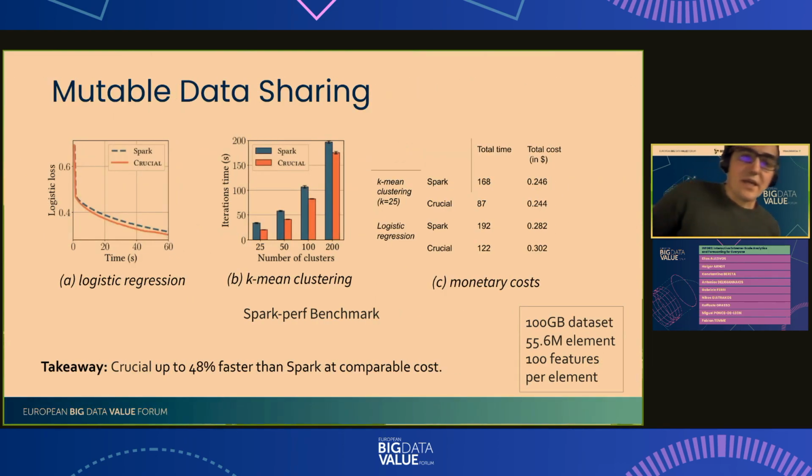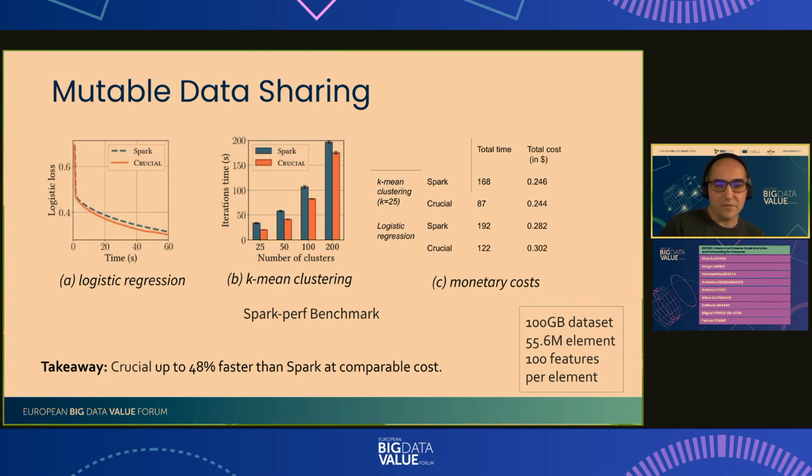By using these mutable data sharing structures, we have performed some interesting comparisons with Spark, where the big advantage was demonstrating that we could get faster performance, and in some cases a lot faster performance, thanks to the in-memory approach at a similar cost to Spark.